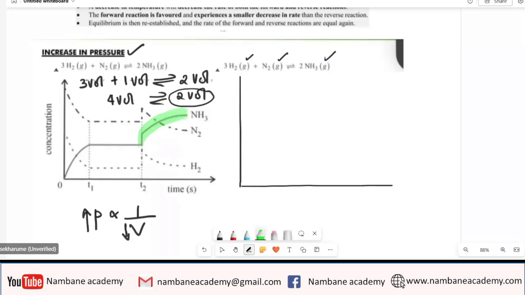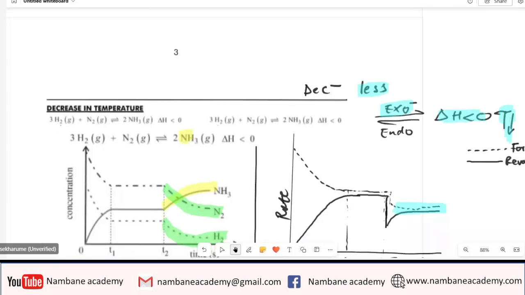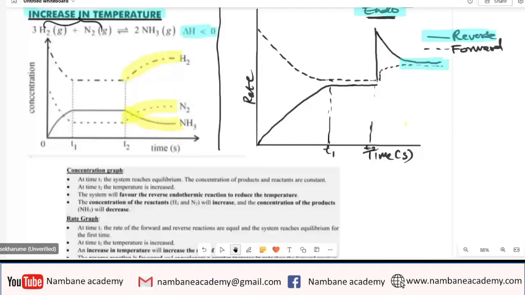because of the pressure. Okay, we have 3 spikes for pressure. Remember the spikes: concentration, 1 spike. There's no spike for temperature. Concentration, 1 spike; pressure, 3 spikes.